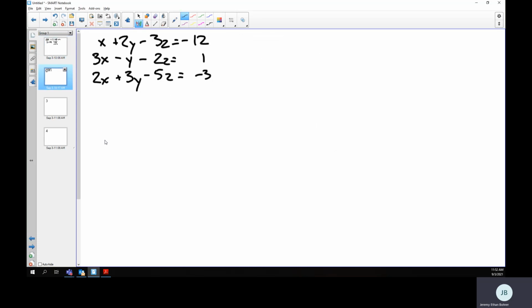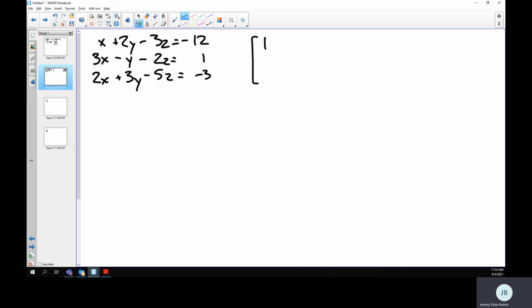Moving on, we've got one in 3 variables. So we set up our matrix as always, with our coefficients.